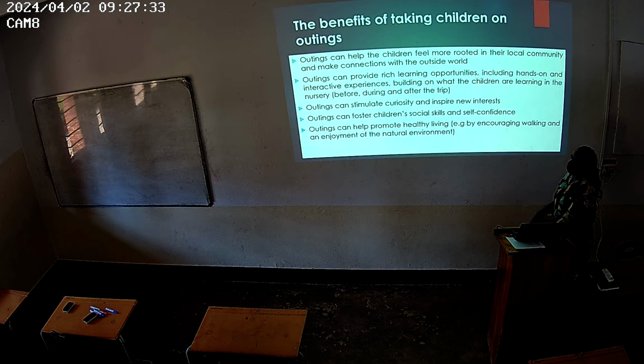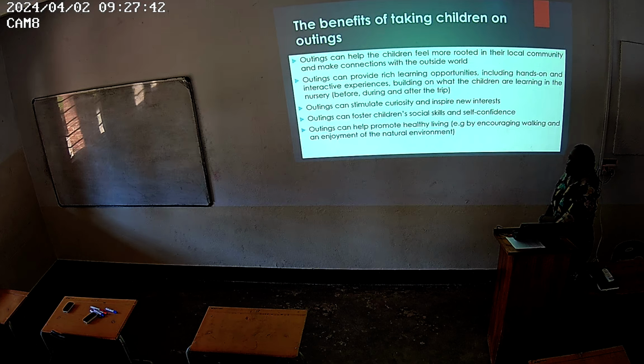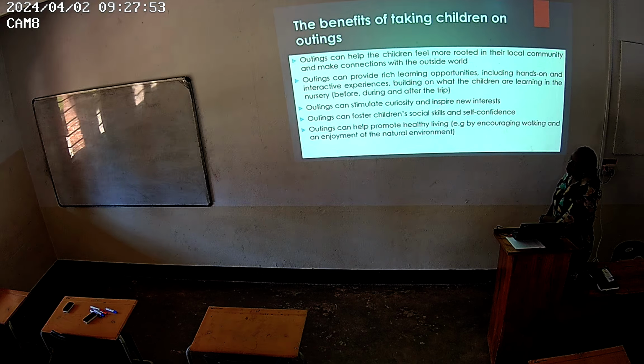Number one, outings can help the children feel more rooted in their local community and make connections with the outside world. Because you're taking them to museums and all those places, that will make them feel connected to their local community or the outside world.